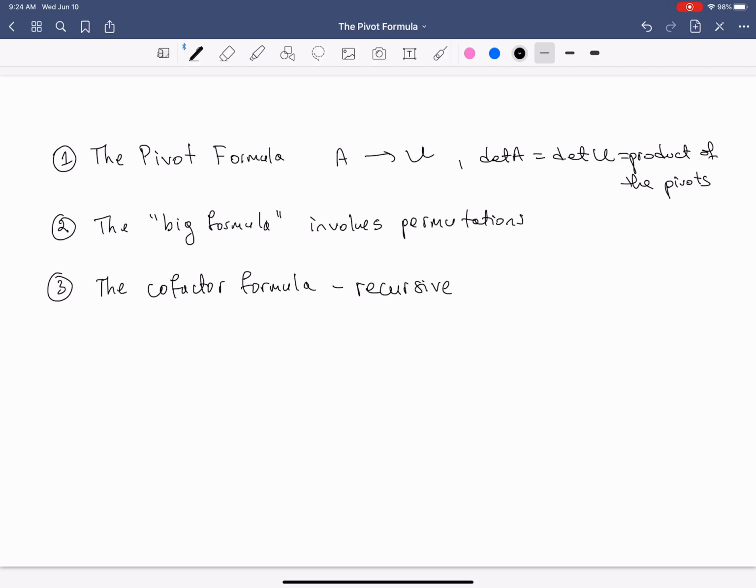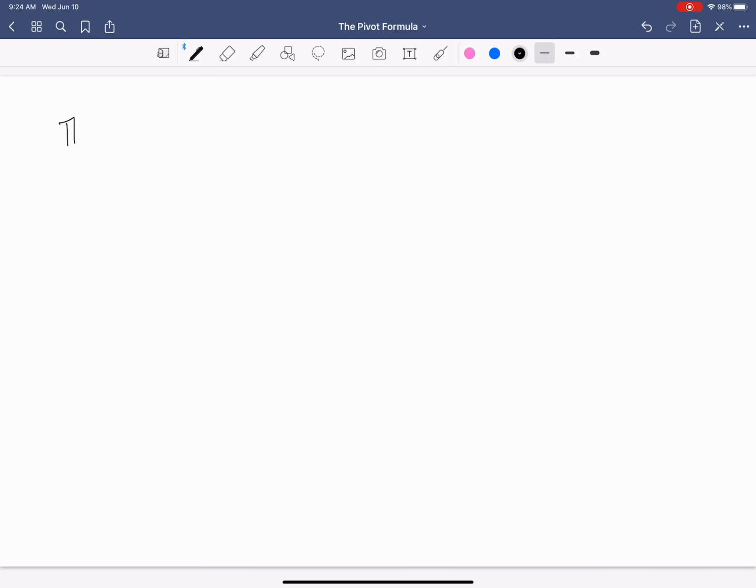All right, let's remind ourselves of the pivot formula.